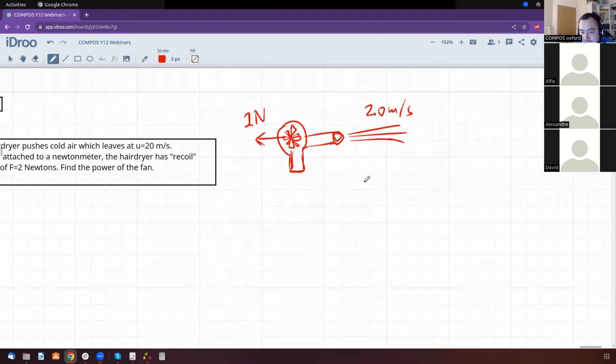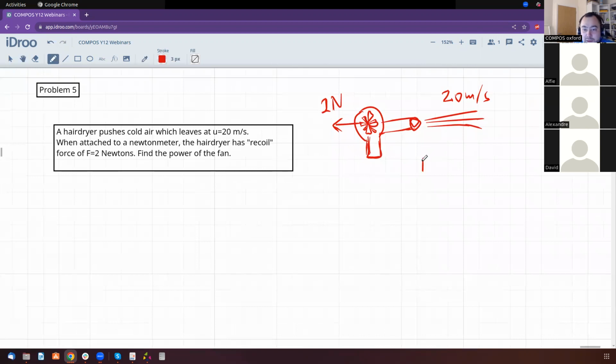And you can be tempted to say, well, the power is force times velocity. And this is tempting. But this formula only works if velocity is constant, which it is not.